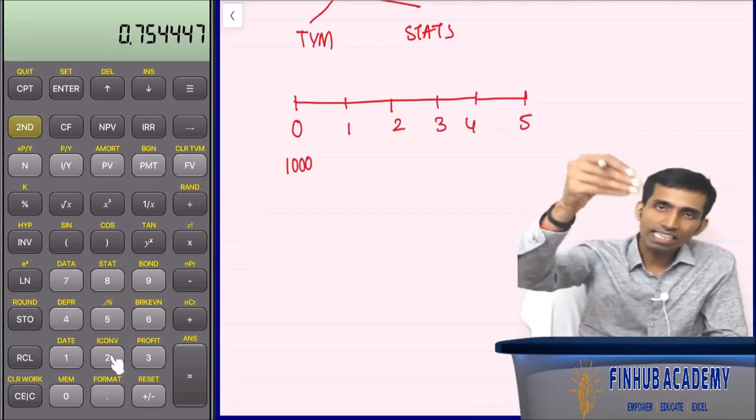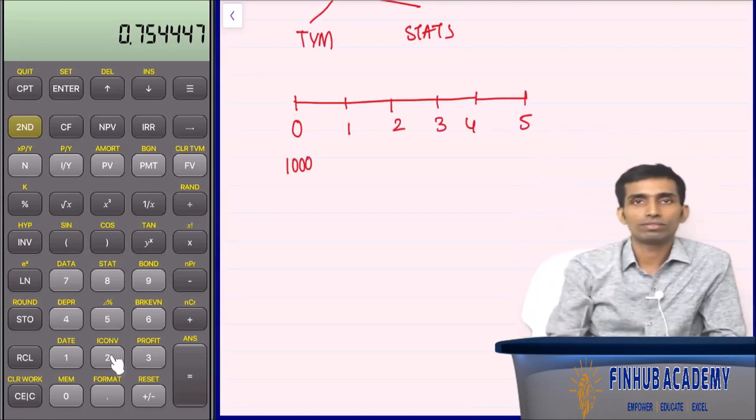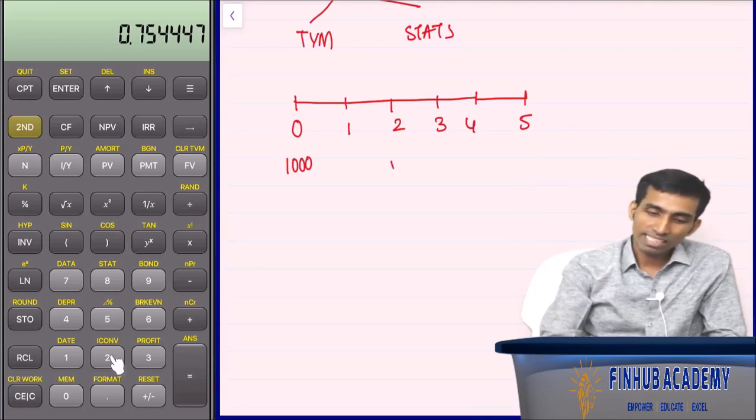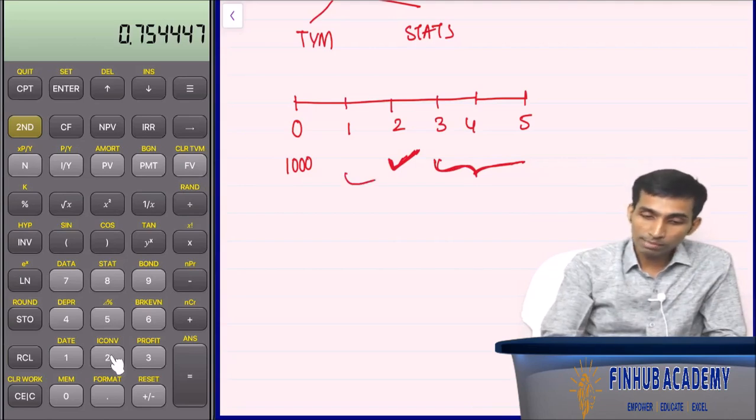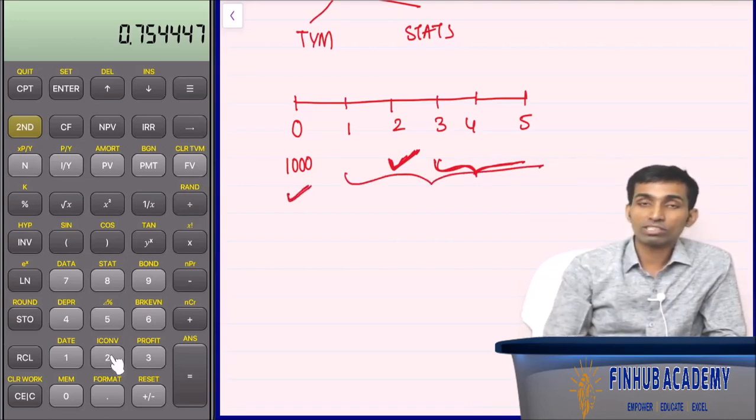What is standing at 0 is called present value. If something is standing here, then with respect to all this, this will be my present value, because it is before. With respect to all this, what is standing here is my present value.